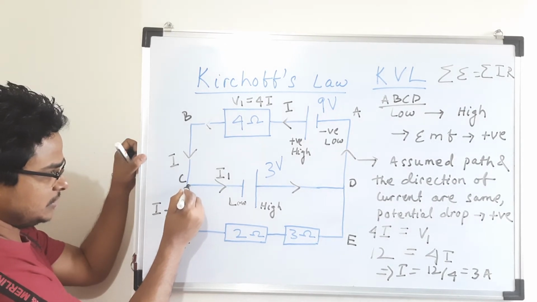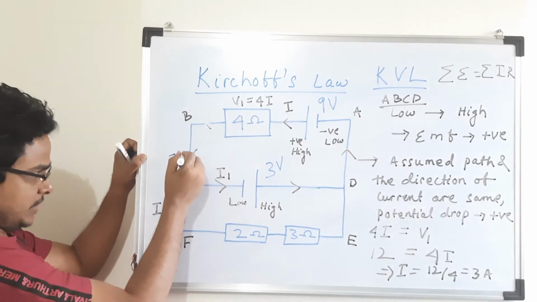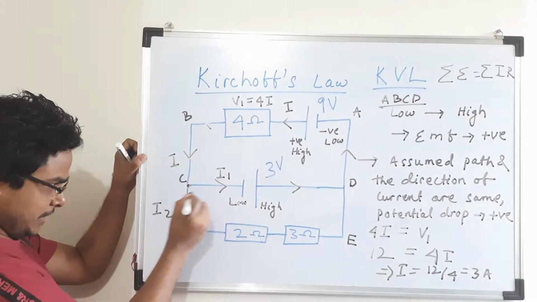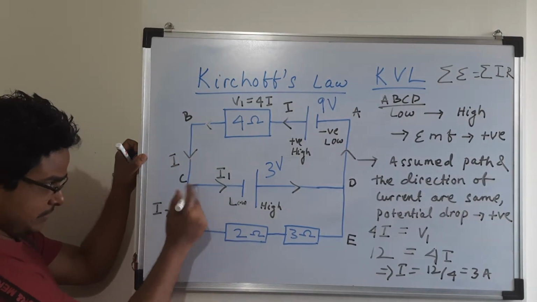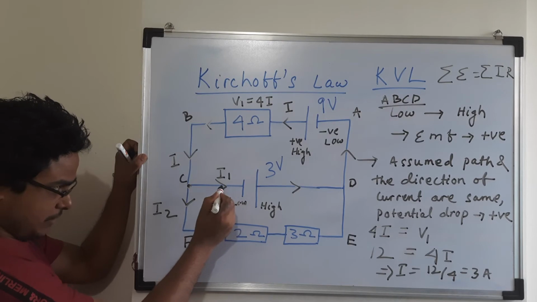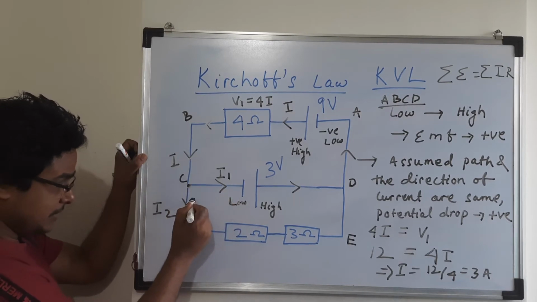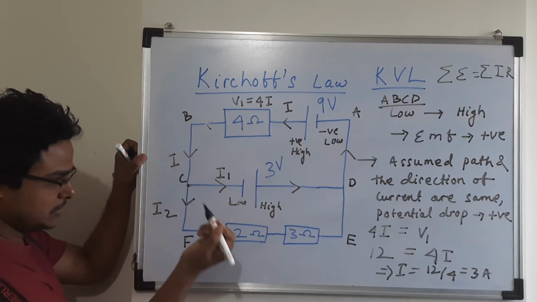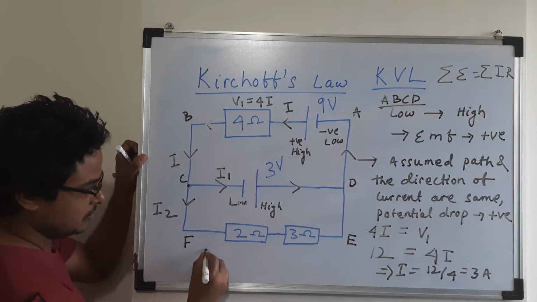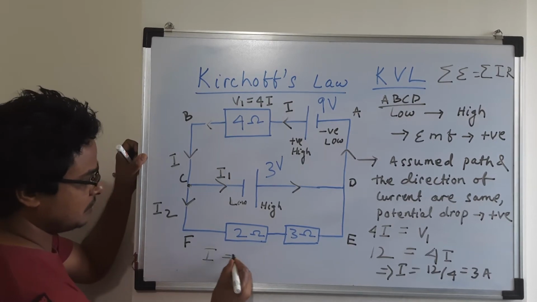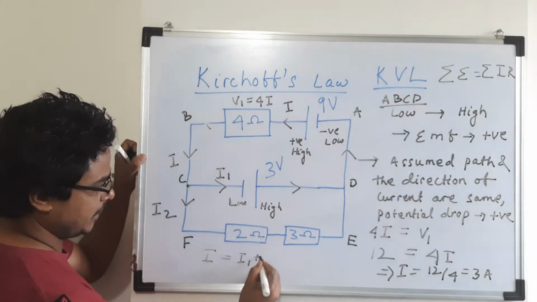Like here, you consider this to be the junction. You can see I is entering, I1 and I2 are leaving. So the third equation that you got is I is equal to I1 plus I2.